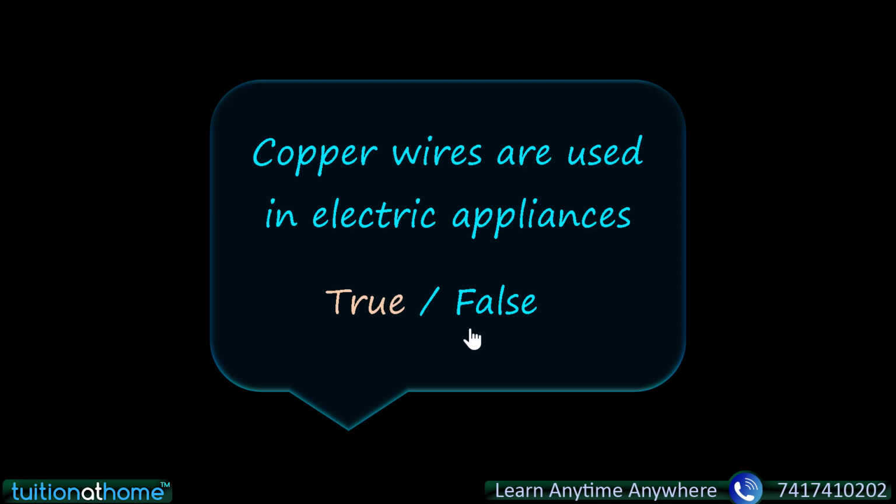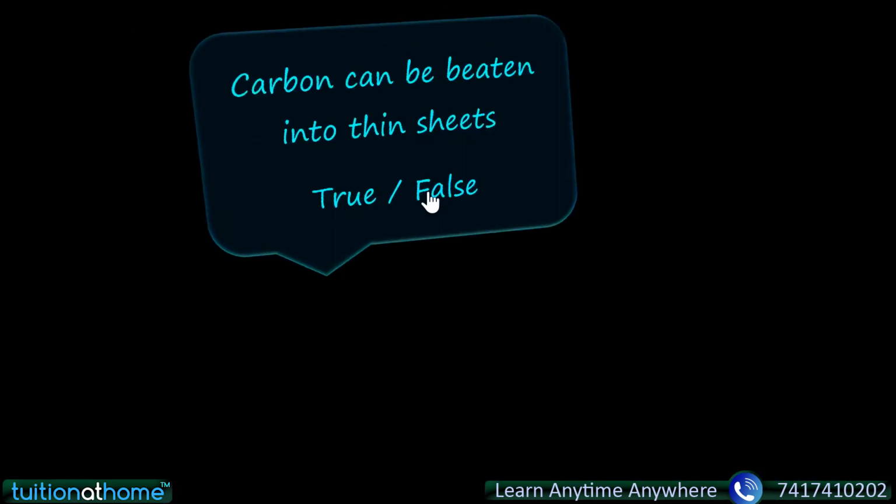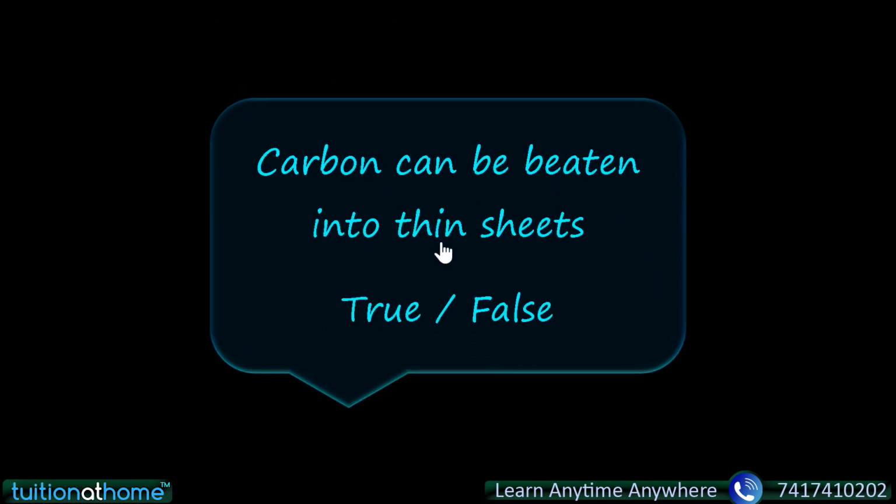Got this? Easy, huh? Next, we have: carbon can be beaten into thin sheets. True or false? Can be beaten into thin sheets means they are talking about a particular property. Can you recognize that? Yes, it is malleability, so they're asking if carbon is malleable or not.